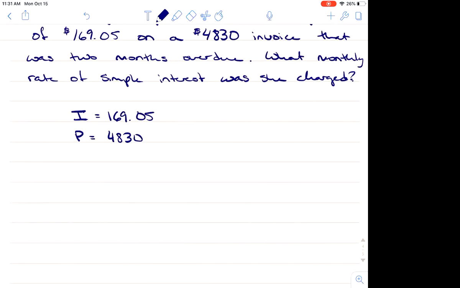And the time, right, that it took for $4,830 to accumulate or owe $169 in interest, right, is 2 months. So the time is 2 months. And we want to find R.